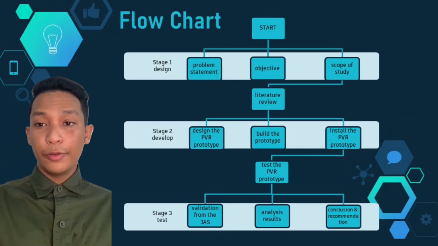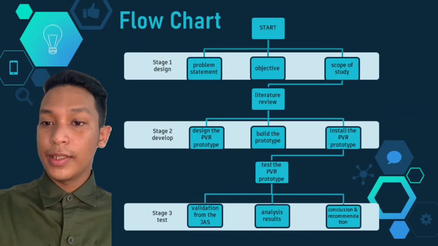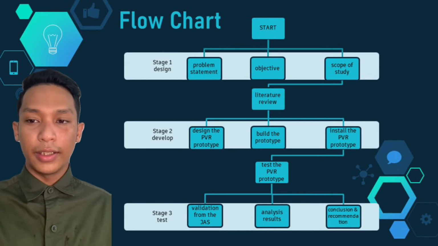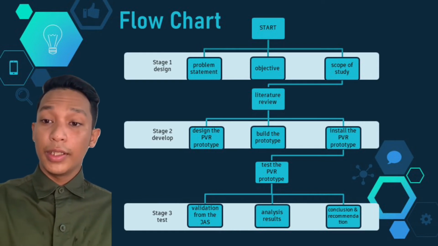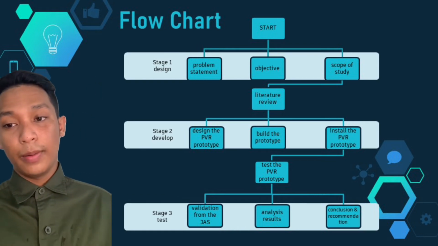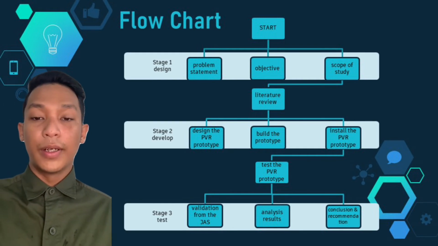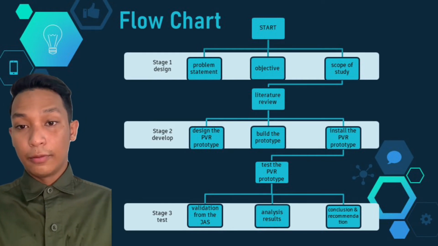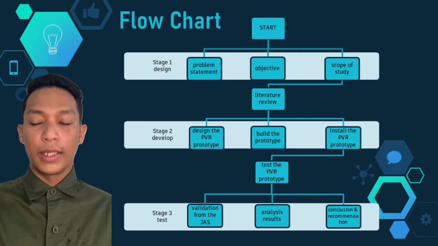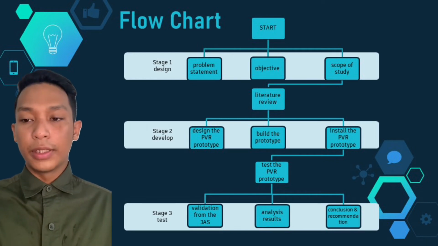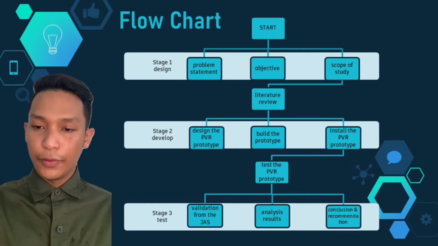Okay, let's continue with the flowchart. We start in stage 1, which is design. First, we explain the problem statement, then we continue with the objective, then we conclude with the scope of study. Then we do a literature review.